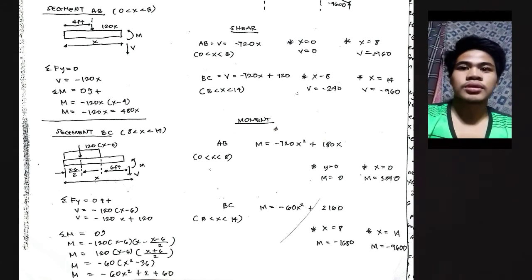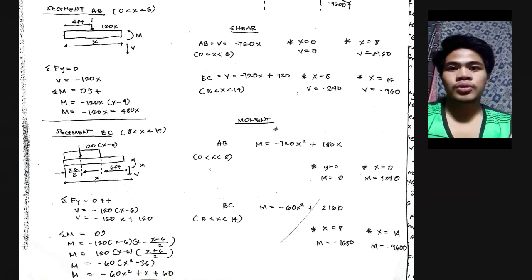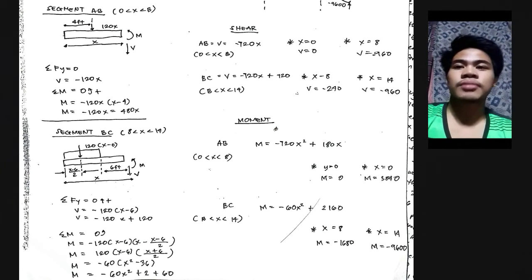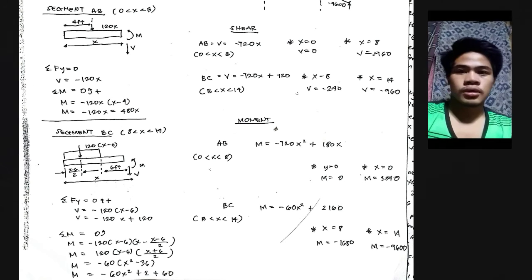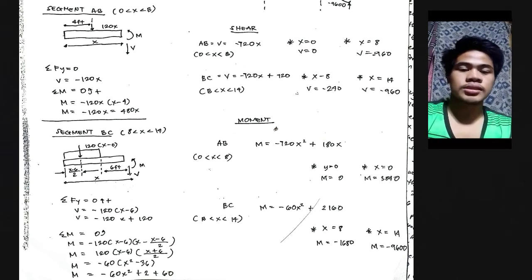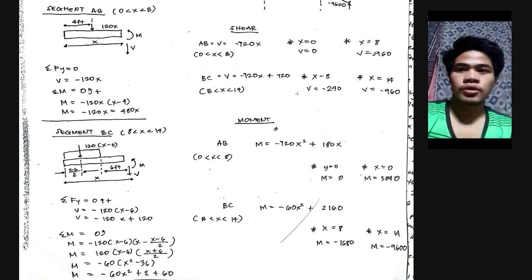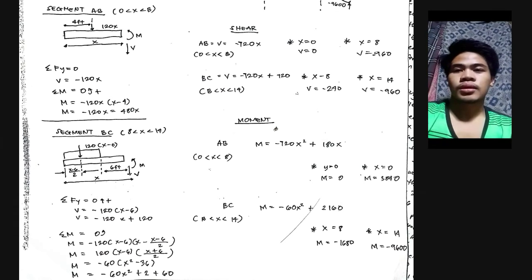And next, we need to cut the beam into segments. For the segment AB, you have the following: 120, and that corresponds to the distributed load, distributed for 4 feet, and at X by setting the length of the beam segment AB as X. And now solve for the shear force and the moment.